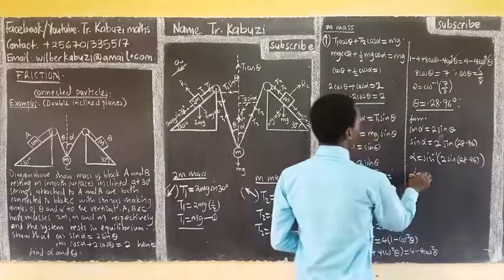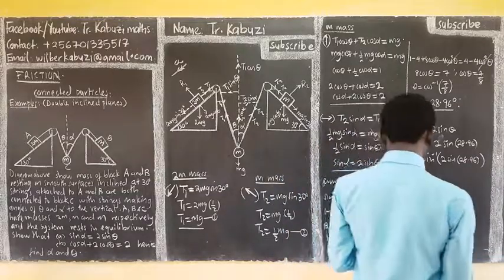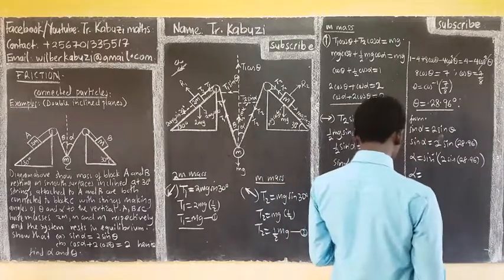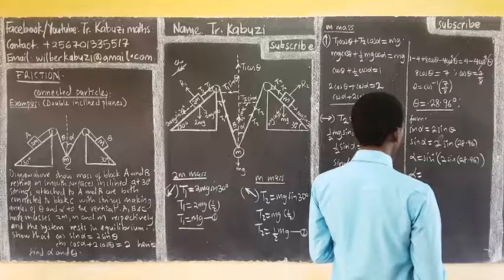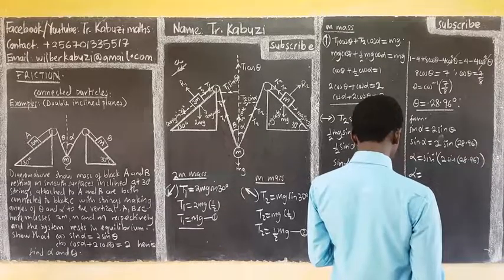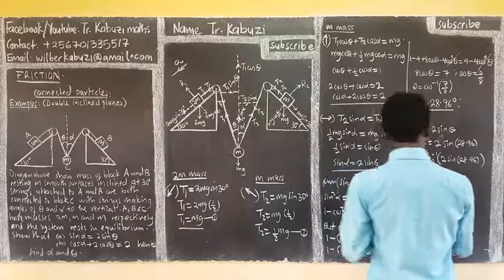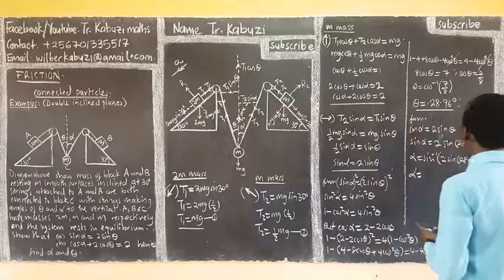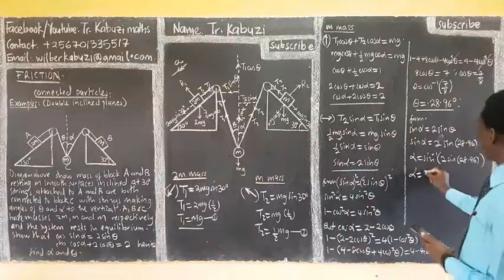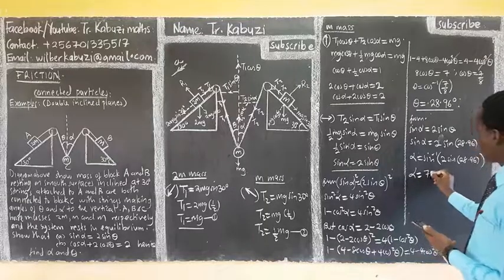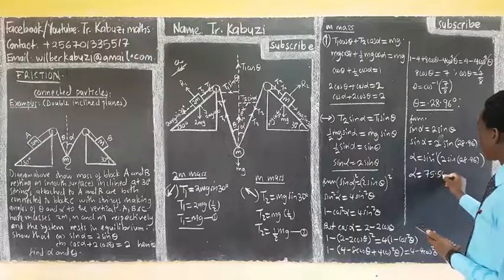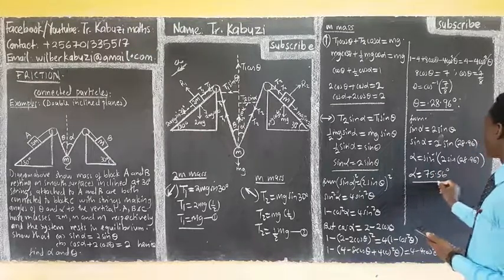And so my alpha there is going to be, I'm getting 75.56 degrees. That would be the answer.